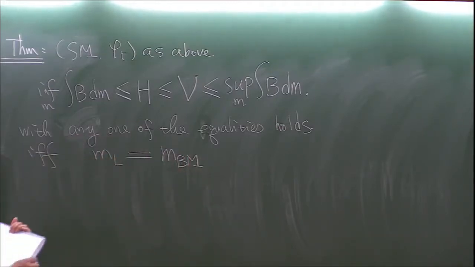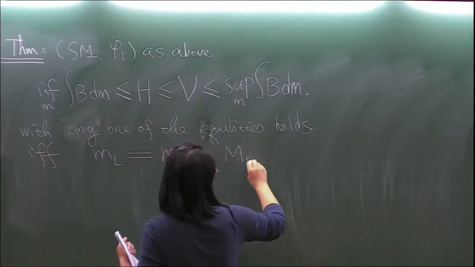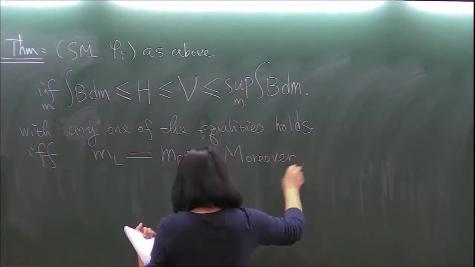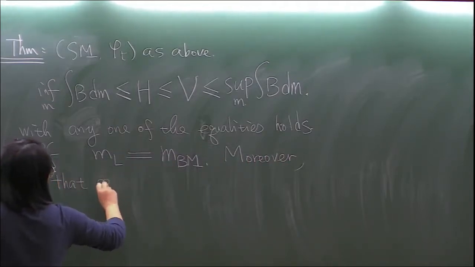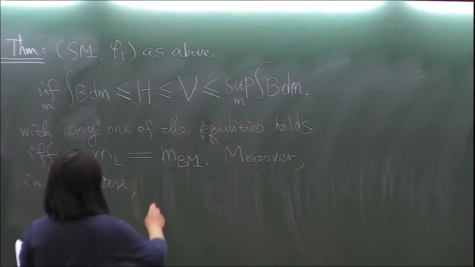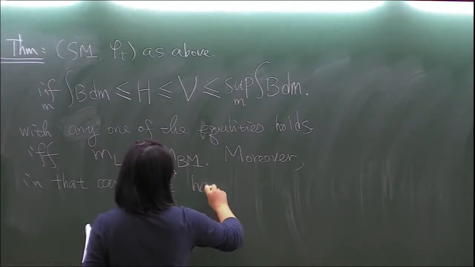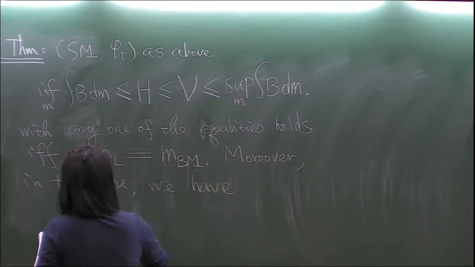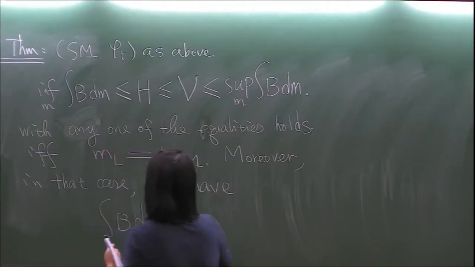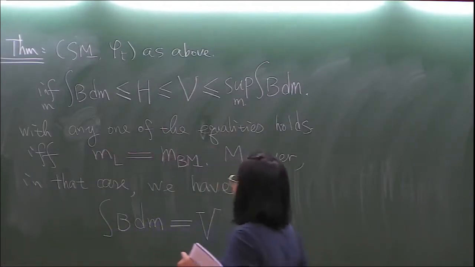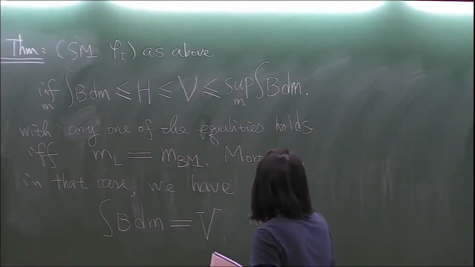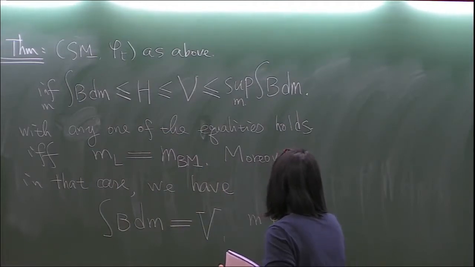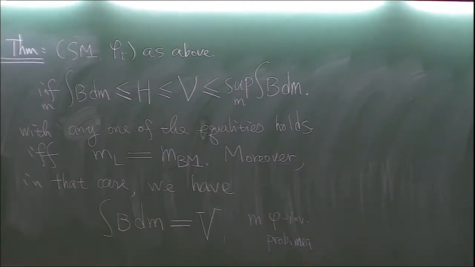Okay? So this is a statement, and moreover, in that case, we actually have the integral of this B with respect to any measure will equal the volume entropy. So, okay? And here, this m is a phi-invariant probability measure.